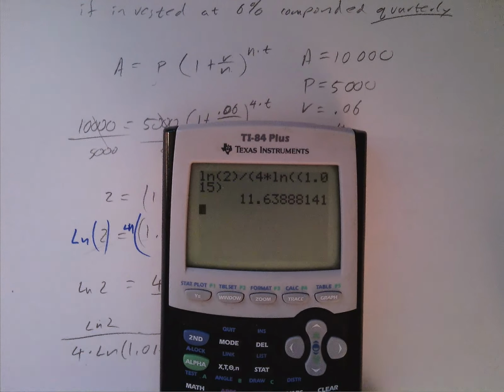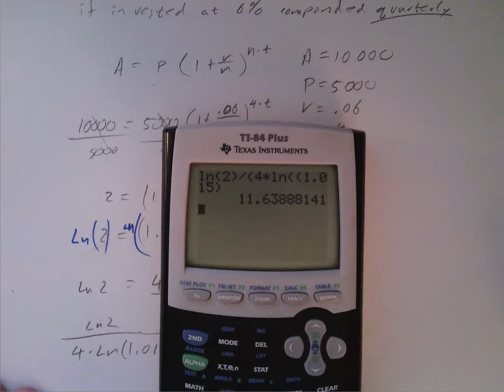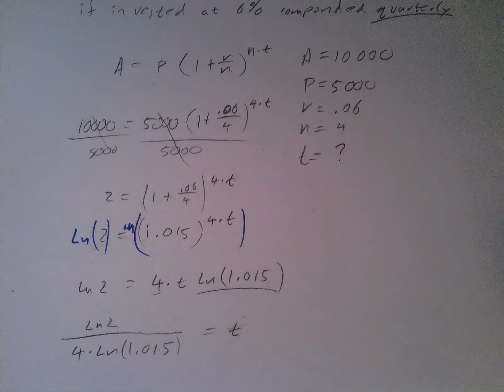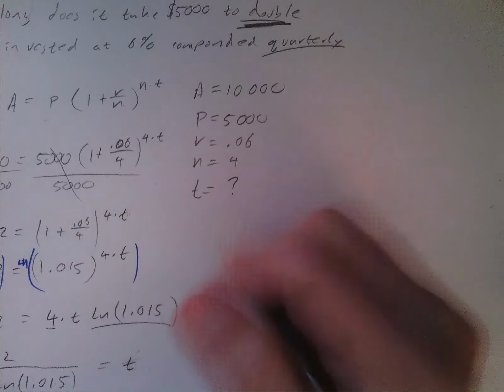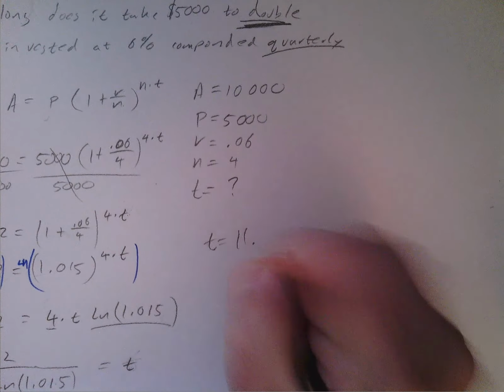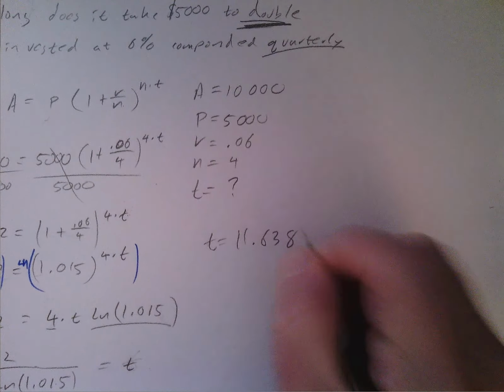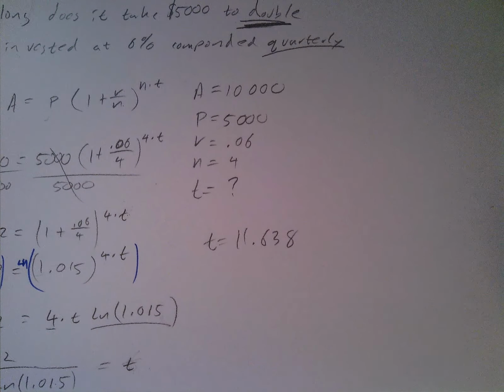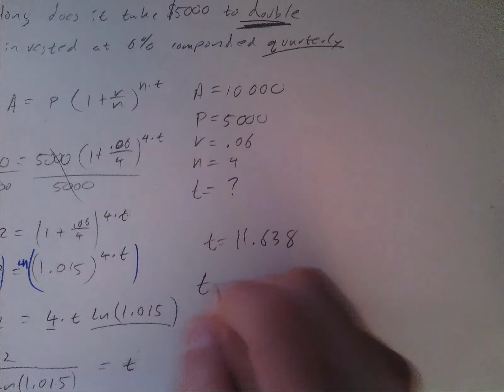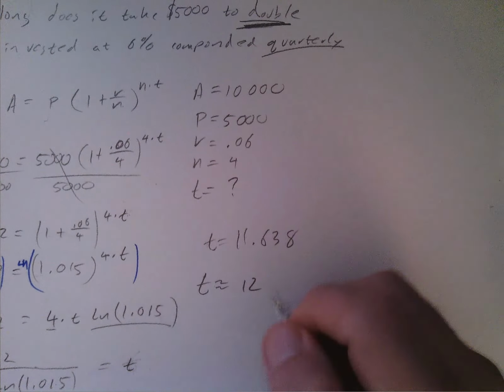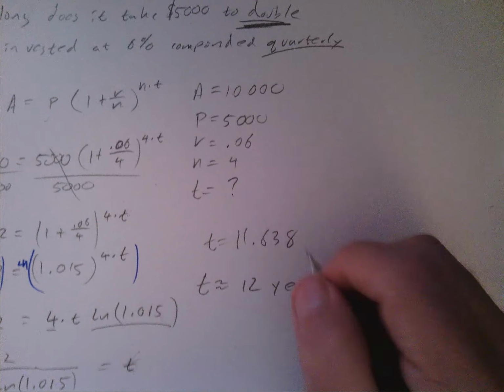Alright, and we got 11.638. Now, here's the thing. I think you're going to have to round that up to the closest number, so it's going to take about 12 years. I don't think they're looking for an exact value. But in a nutshell, that's it.